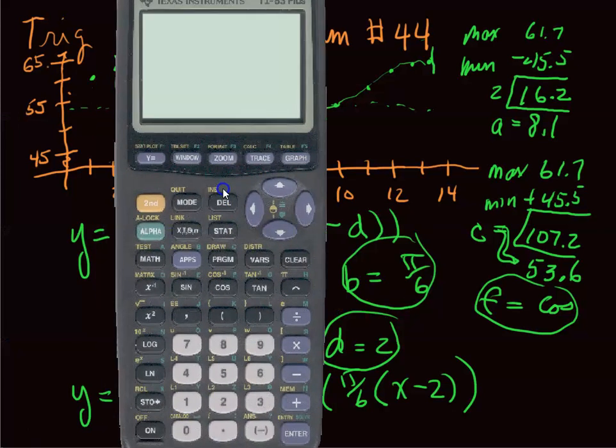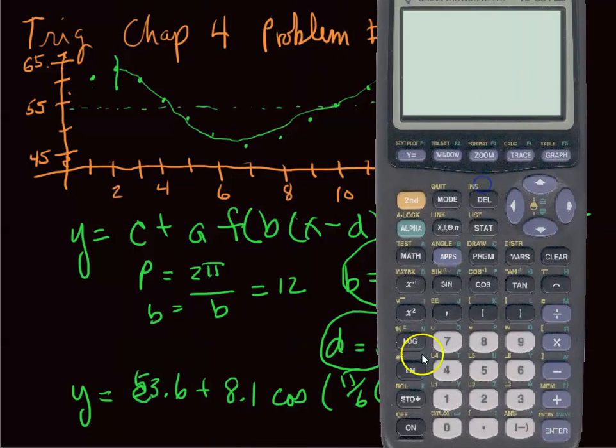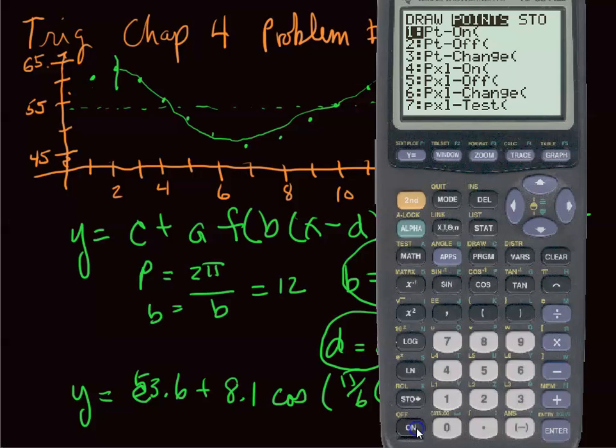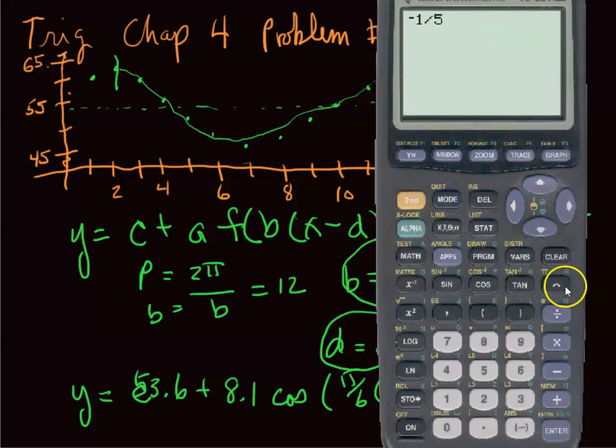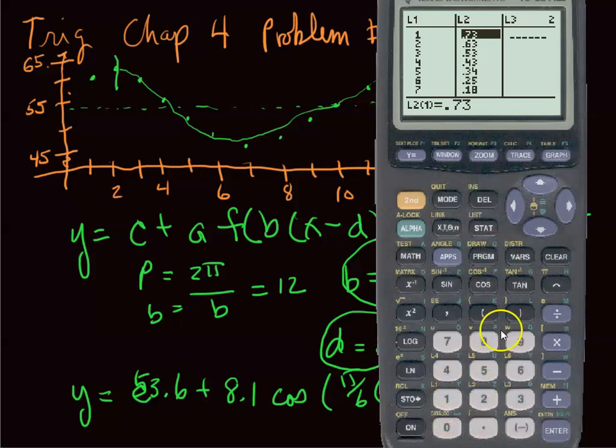I'm going to bring out this brand new one, a TI trig ch4. Now, we need to get out of this, I guess. Clear out that screen. To put in the data, you press Stat, then Edit. Clear these L1 and L2.